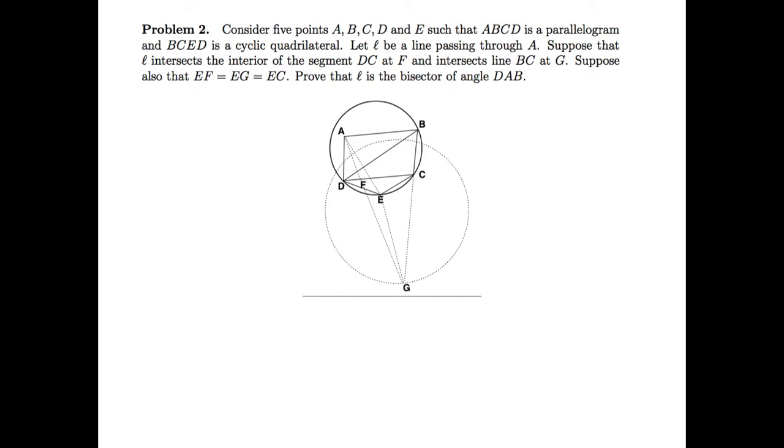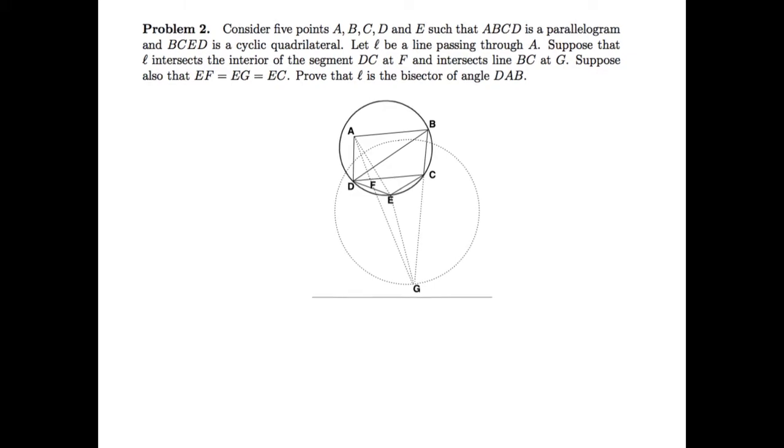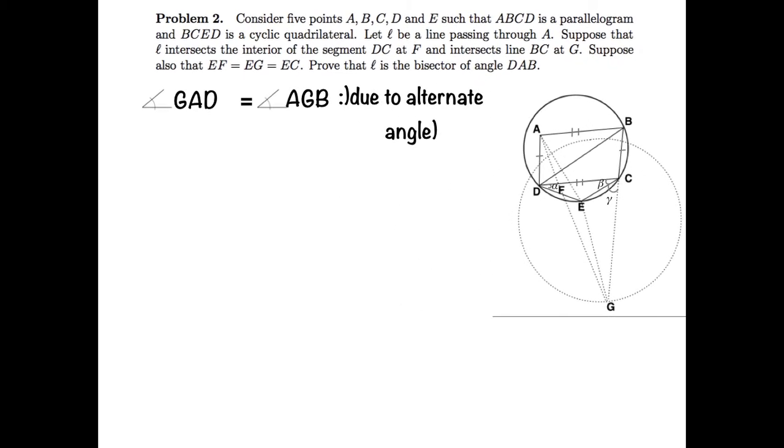So to prove that L is the bisector of angle DAB, we have to prove that angle DAG is equal to angle BAG. So to prove that, we need to do some consideration as well. Now first of all, you have to know about alternate angles. So can you see the pattern?